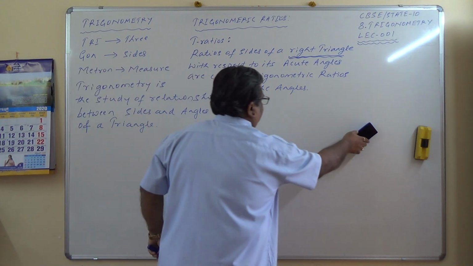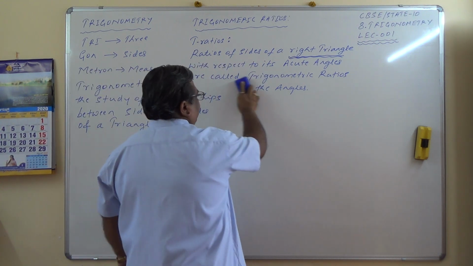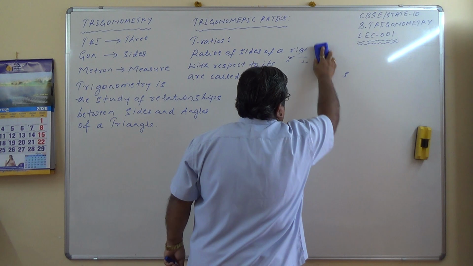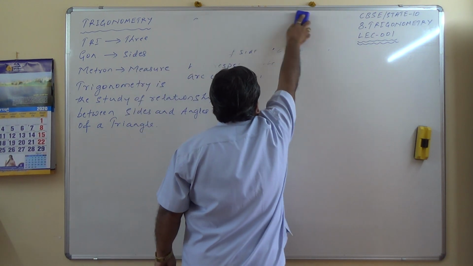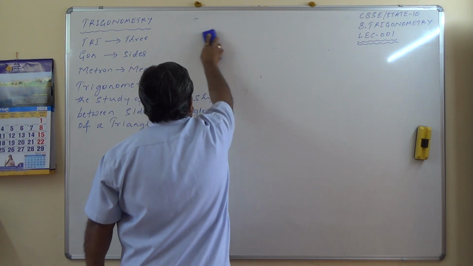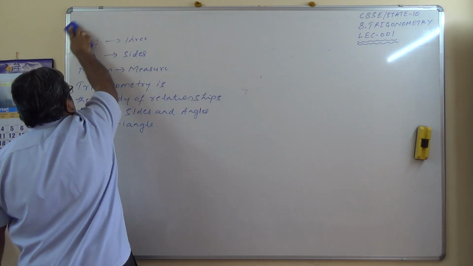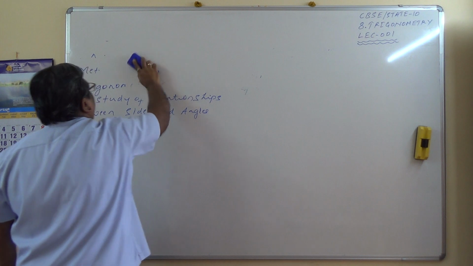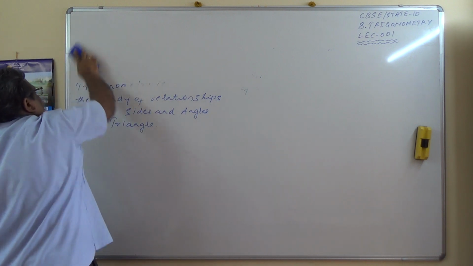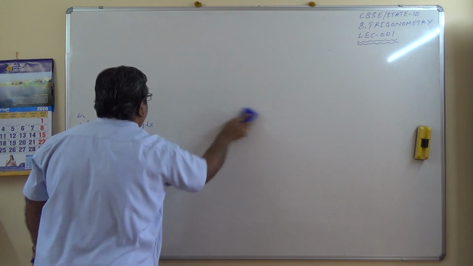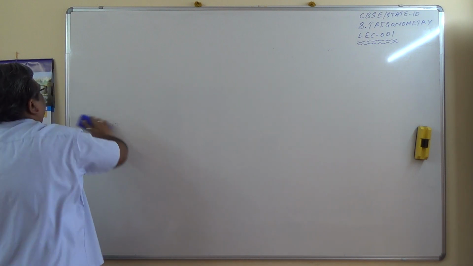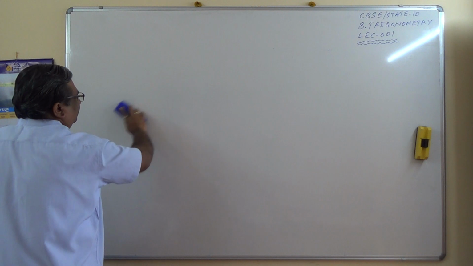Let me start with T ratios, trigonometric ratios of acute angles. Generally these trigonometric ratios are referred to as T ratios.